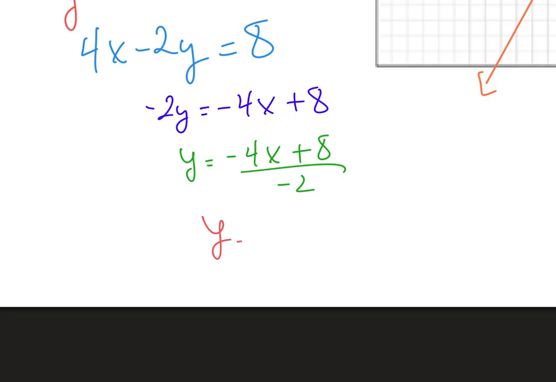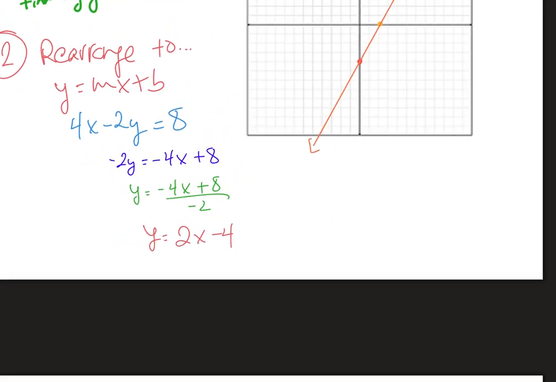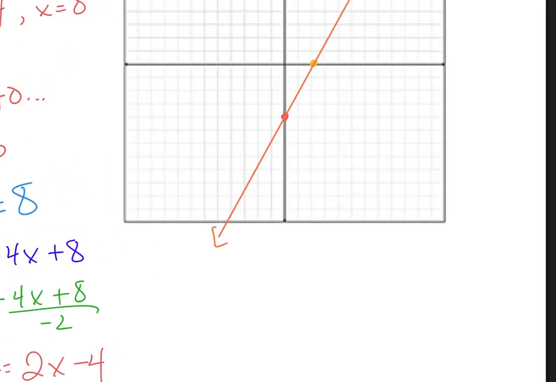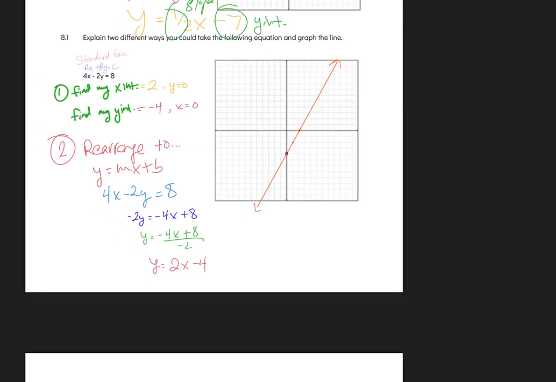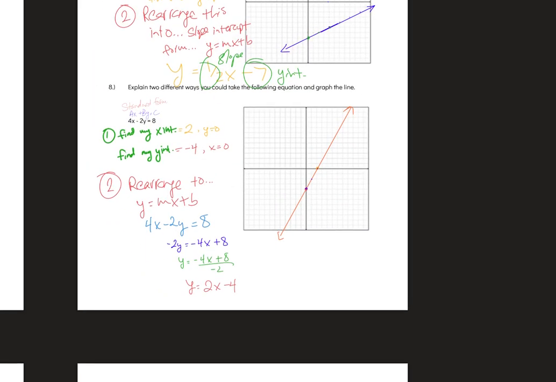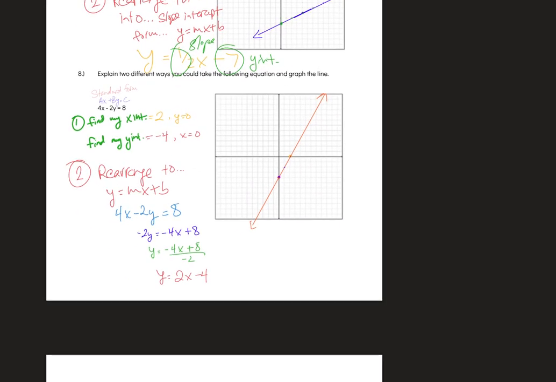And I get y equals 2x minus 4. So let's jump up here. Our y-intercept is -4. Our slope is 2. We go up 2 over 1, up 2 over 1. Nailed it. So there is explain 2 different ways to graph that one.